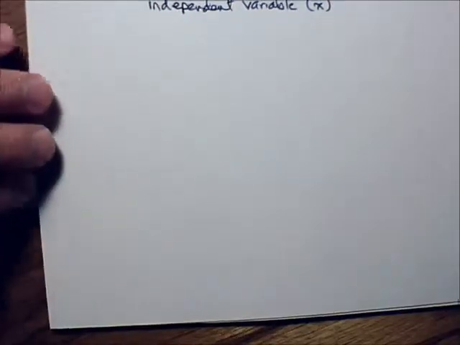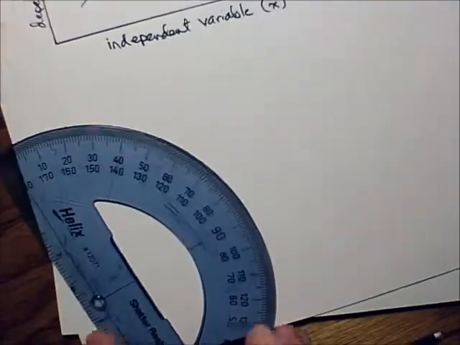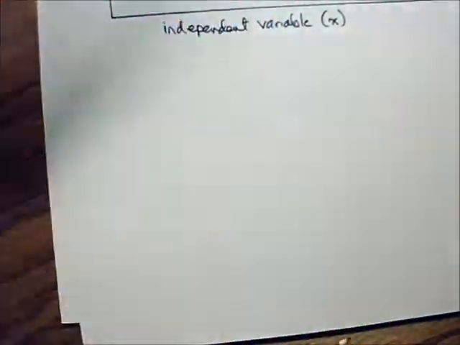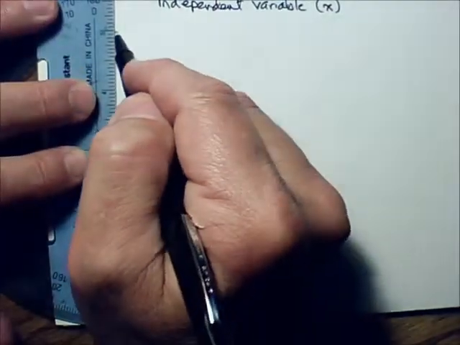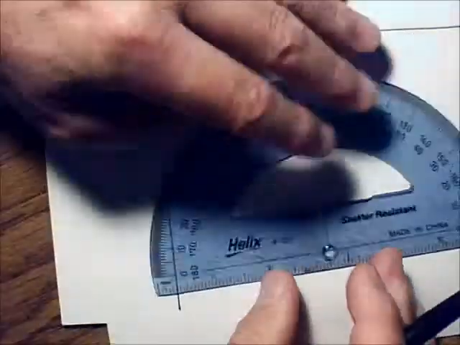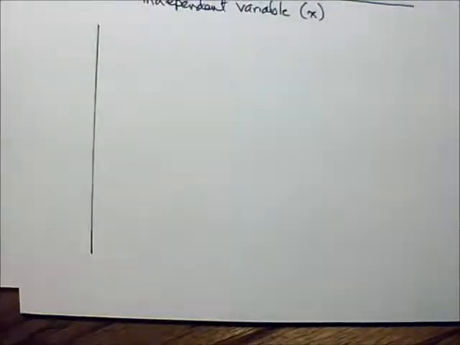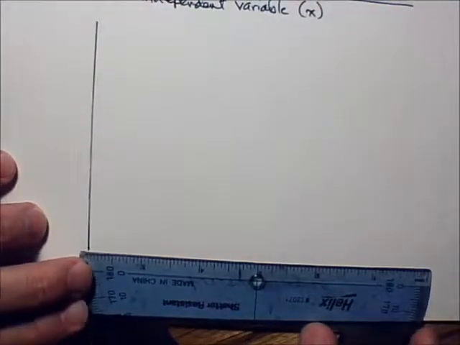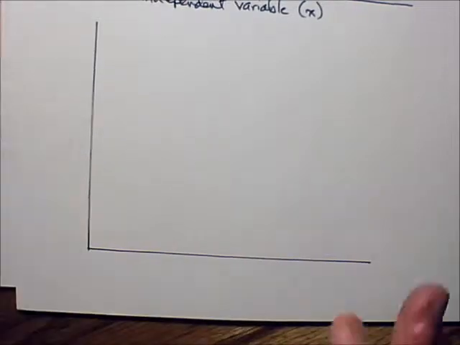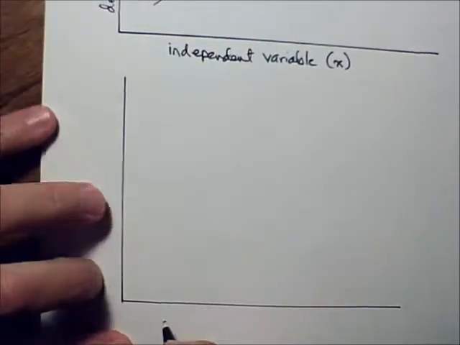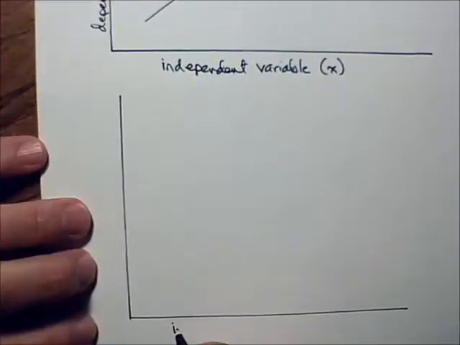So let's look at another kind of pattern that you can get from a graph that you need to be able to recognize when you see it. Again, the independent variable goes on the horizontal axis.